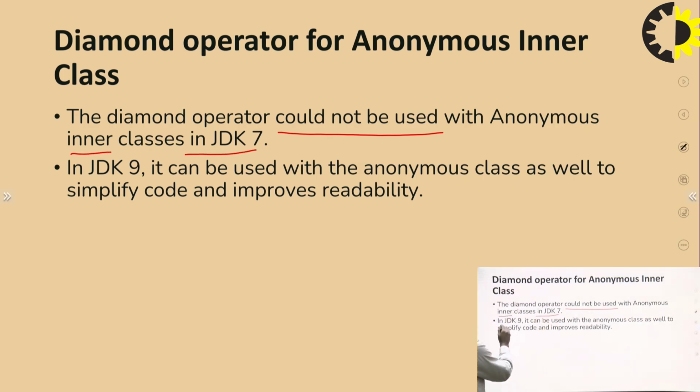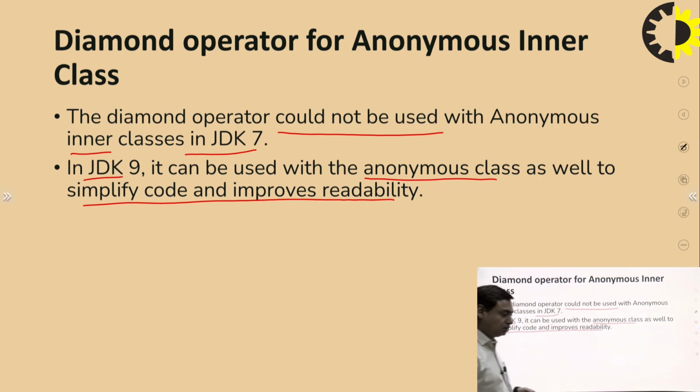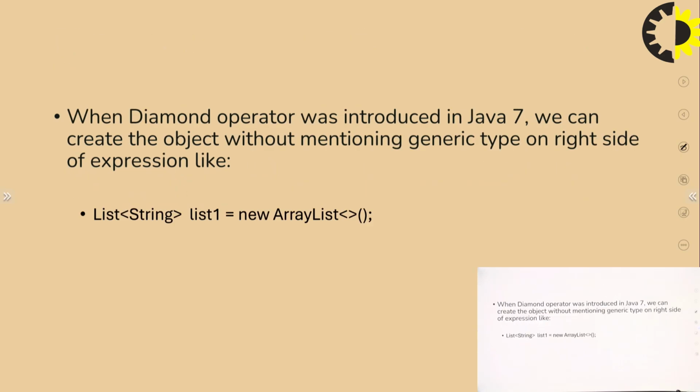In JDK 9, it can be used with anonymous inner classes as well, which simplifies the code and improves readability. The diamond operator was introduced earlier, but it was difficult to use with anonymous inner classes. In later versions of Java, like JDK 9, it has been allowed.